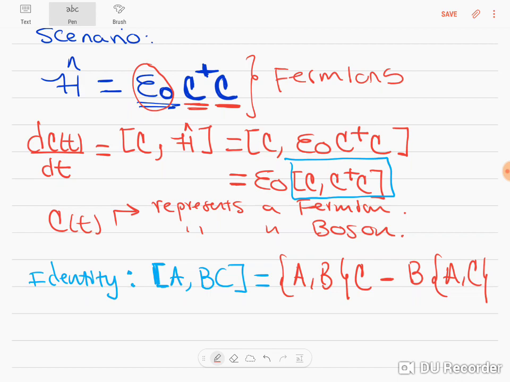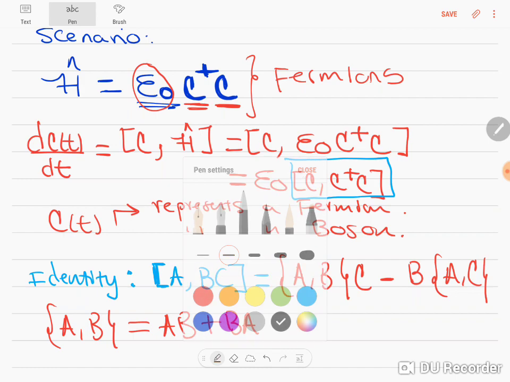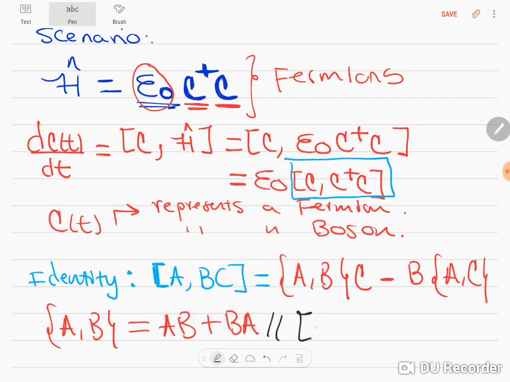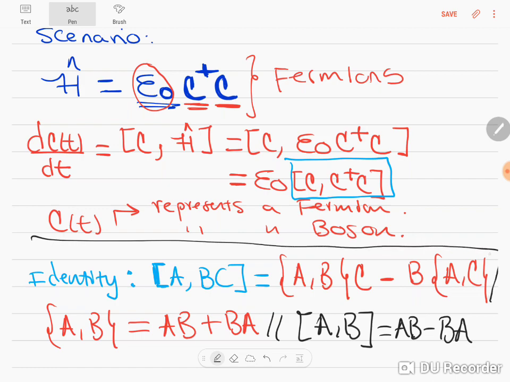When we calculate things for fermions, anti-commutators are more common, and the rule for anti-commutators is that the anti-commutator of A and B is A times B plus B times A. In contrast to commutators, where a commutator between A and B, as we saw earlier, is AB minus BA.